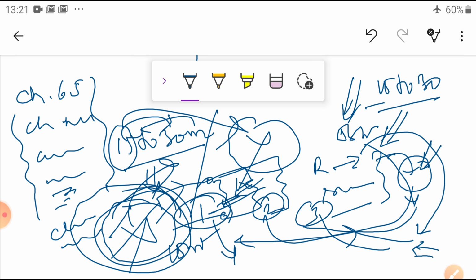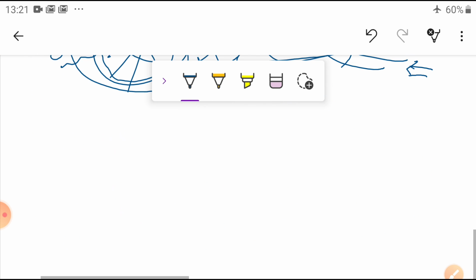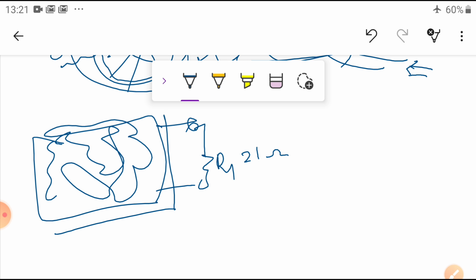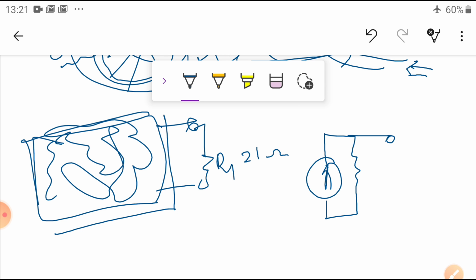Similarly, our Norton's theorem is also the same thing. So, what happens? Whatever the zigzag complex circuit, the whole circuit is made into a simple one, and here some resistance R1 of 21 ohms is connected. Now, if all of this is represented by a simple current source and resistance connected here, then I connect the same R1, that is 21 ohms, and I can easily calculate.